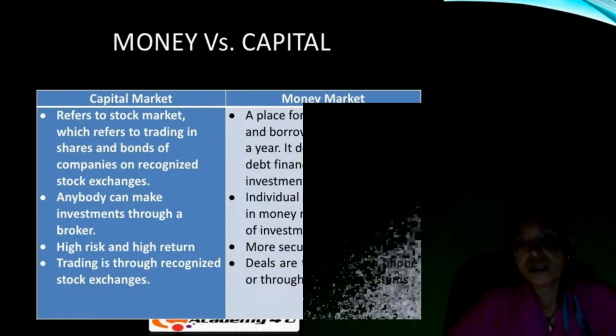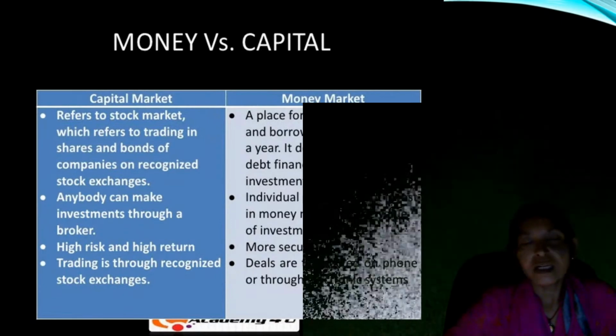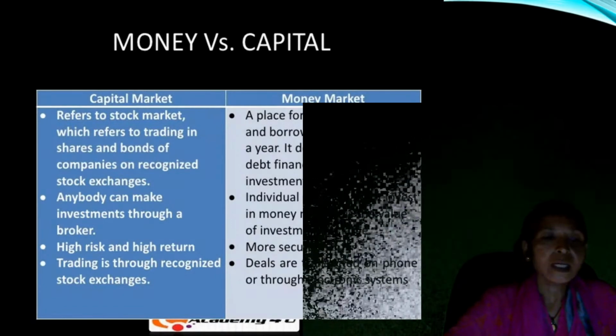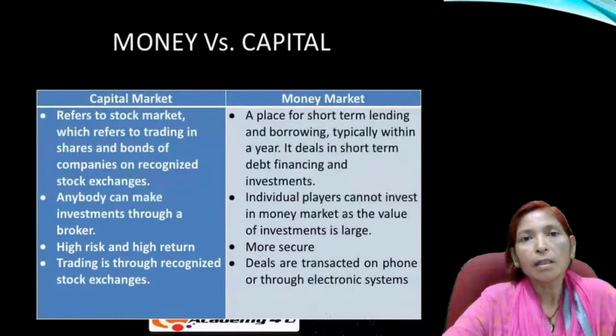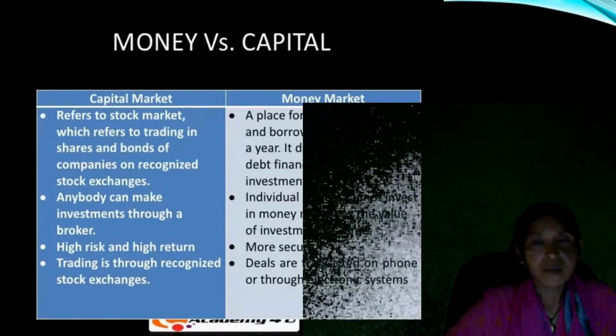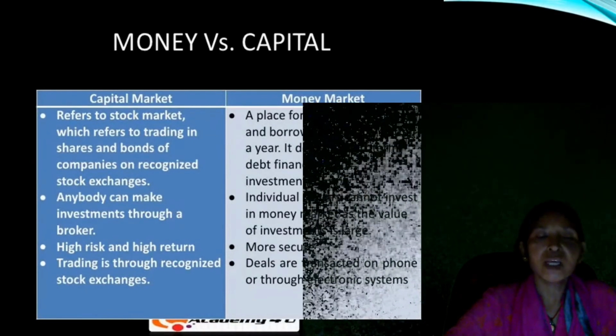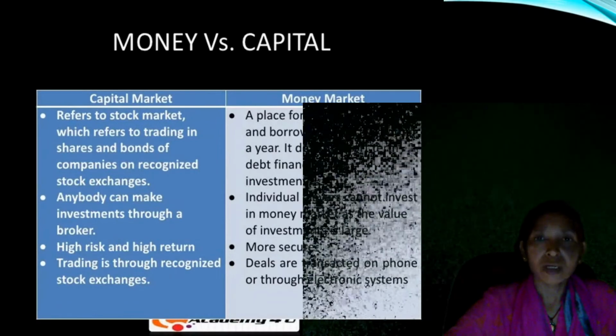It deals in short-term debt financing and investment. In capital market, anybody can make investment through a broker.